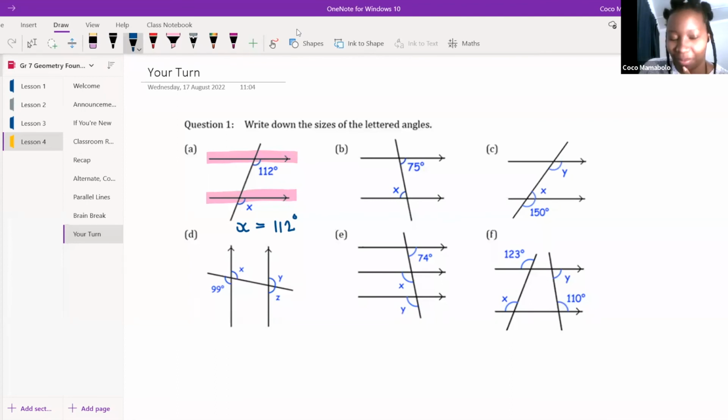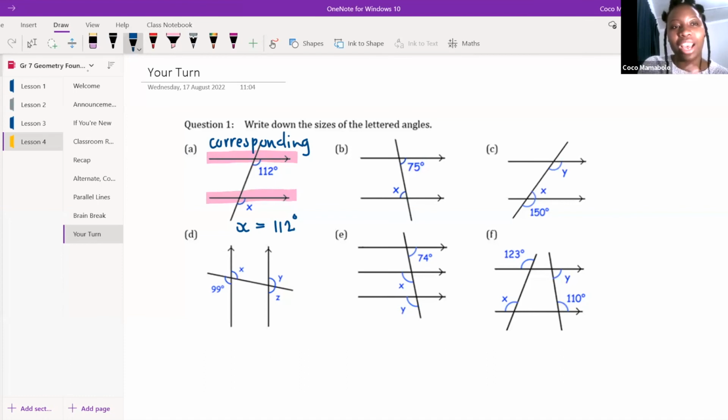Yes, well done. Monde, look in the chat. What are they called? Corresponding angles. Excellent. They're called corresponding angles. The angles on the outside of each other are called corresponding angles. Excellent. Well done. Very well done.